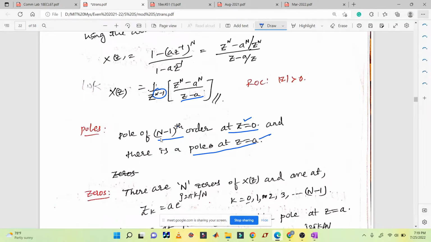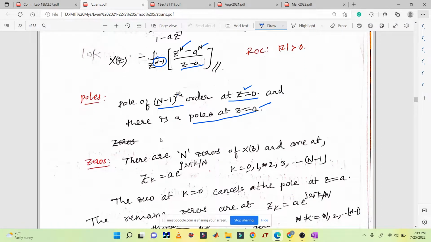These are the poles, and there are n number of zeros located at certain points. Why are we saying capital N number of zeros? Because z to the power n is equal to a to the power n.